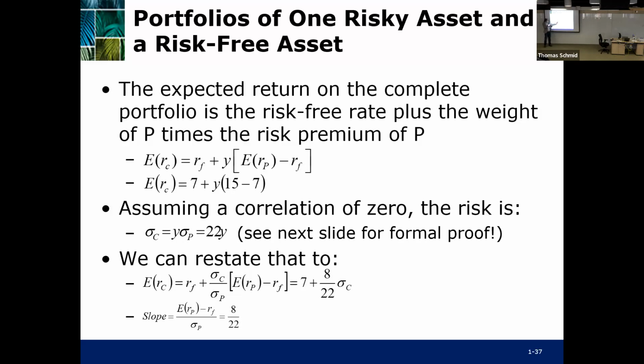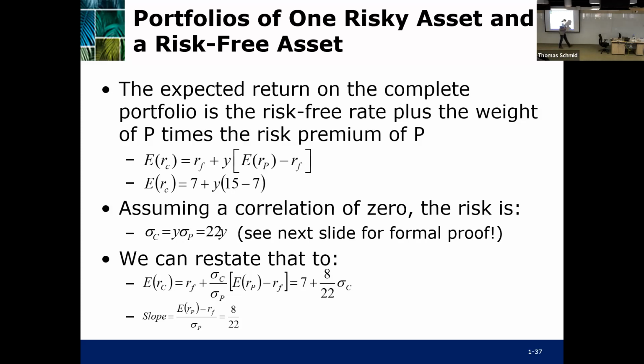And this 15 minus 7 is nothing else than the so-called risk premium. So this is the expected return we get from investing in the risky asset minus the risk-free rate of return. Okay?